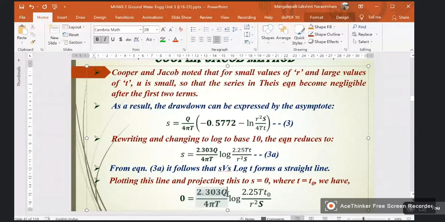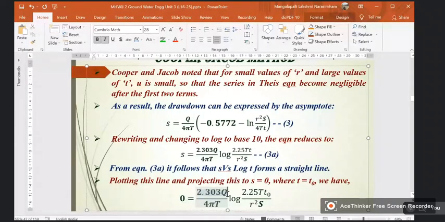So it is s versus logarithm of Tt by r squared S. If you consider everything in the logarithm as some x, and s on the left hand side as y, then y is equal to k log x, where k is 2.303 Q by 4 pi T. If you plot a graph between y and x on a semi-logarithmic sheet, it will be a straight line.